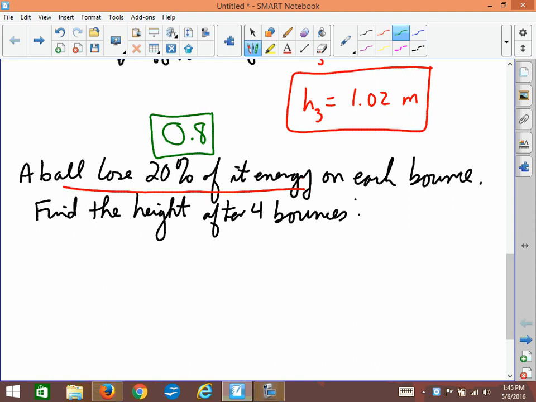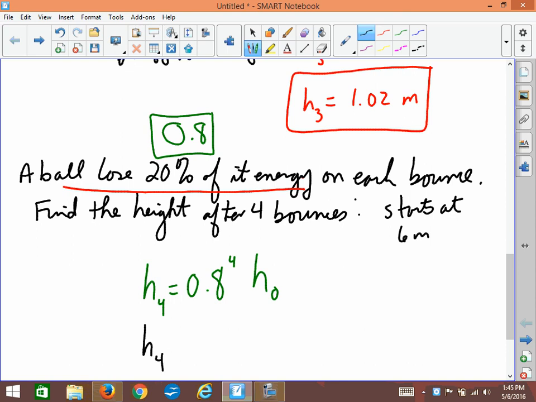So for this particular one, the height after 4 bounces would be 0.8 to the 4 multiplied by the original height, which I would have had to have given you. So let's say it starts at 6 meters high. And then you would put in the height after 4 bounces would be 0.8 to the 4 times 6, and then you can solve to get your answer.